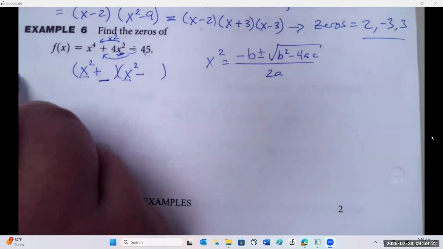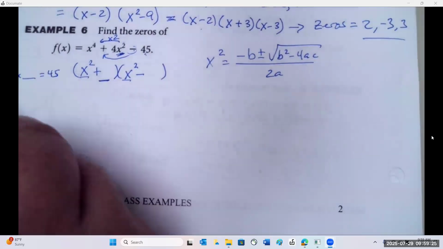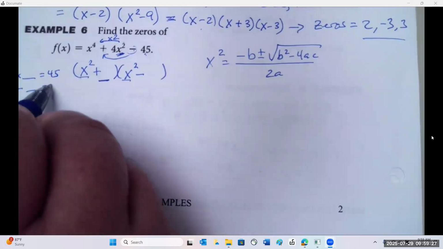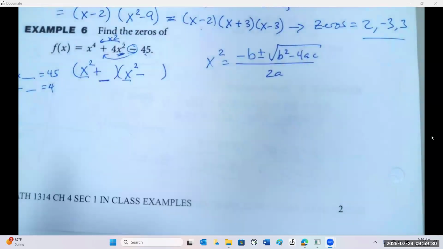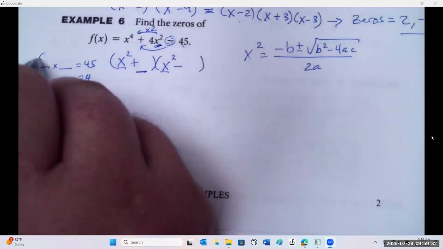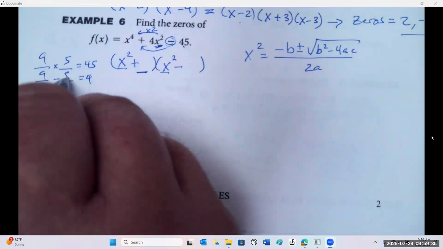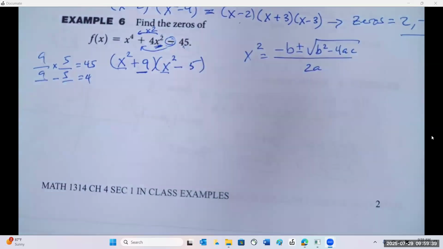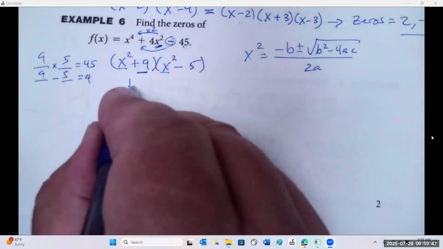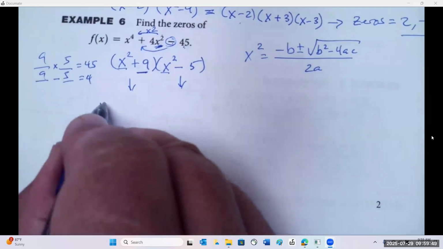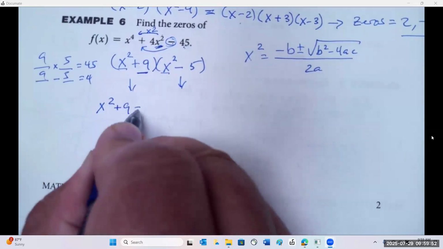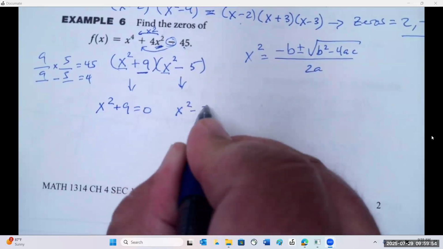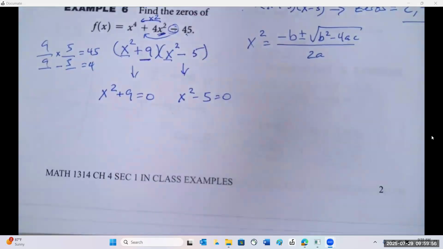So what times what equals 45 that when you subtract them, you get 4? Subtract because the second sign's a minus. And we figured out 9 times 5, 9 minus 5. So 9 goes there, 5 goes there. Now we take both of those, set them equal to 0, and solve.